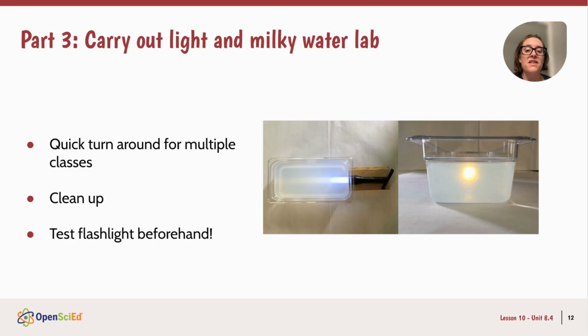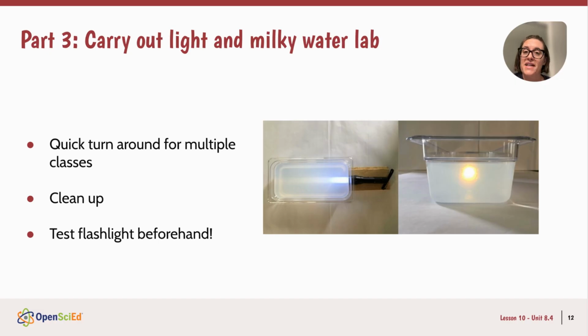It is very important that you clean out those tubs at the end of the day. Leaving any bit of milky water to sit overnight results in some awful smelling lab materials the next day. So if you have a dishwasher, throw it in there or rinse it with as hot water as you can get, lots of soap, and dry it out so it can sit and dry even more overnight.